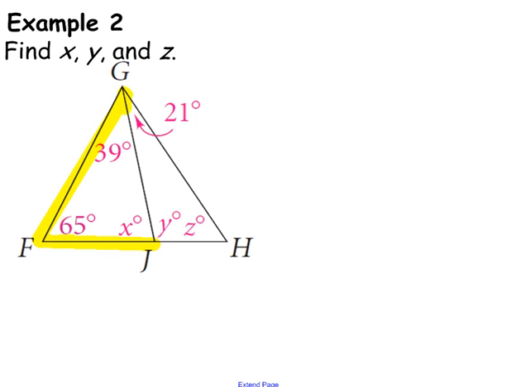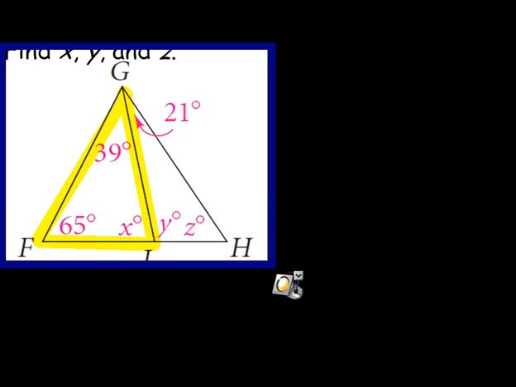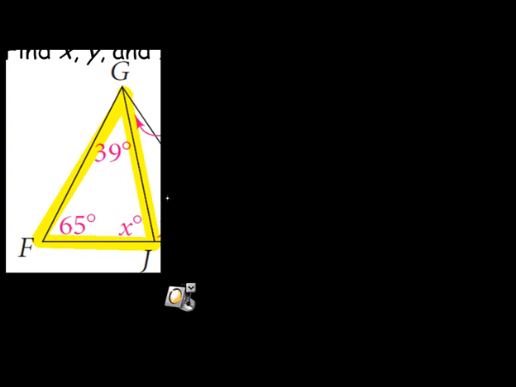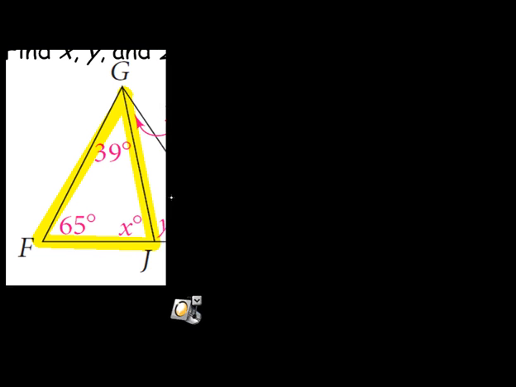So we could find x. We're going to focus on that triangle right there. Let me put a spotlight, and you'll see why I'm doing this. So let's just focus on this triangle here. Well, what do we know about these three angles here? We know that they have to add up to 180 degrees, correct?